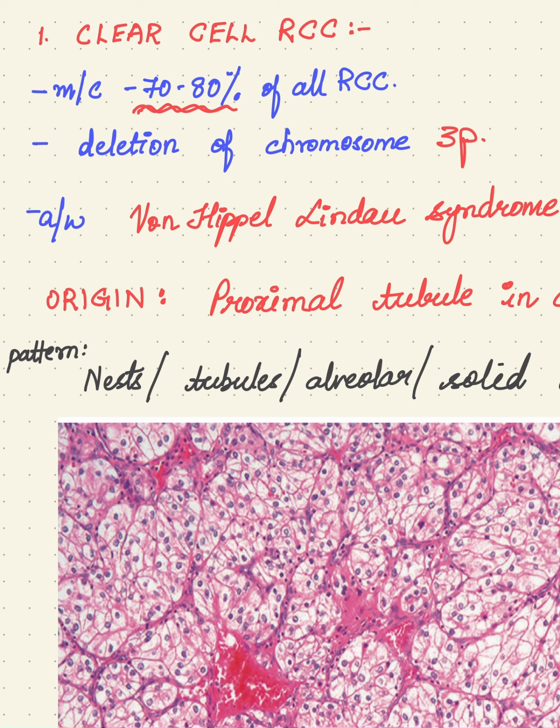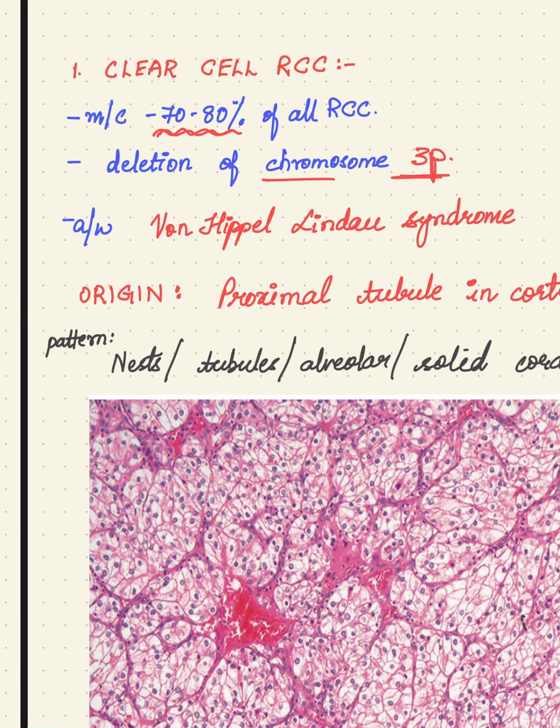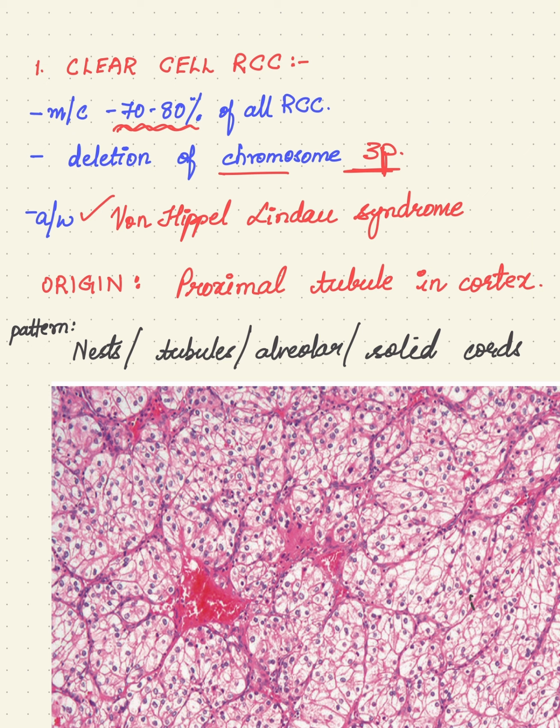The clear cell variant is associated with deletion of chromosome 3p. That is, p is the short arm. The short arm of chromosome 3p is deleted in the clear cell variant. Also, the majority of them are associated with von Hippel-Lindau syndrome, that is VHL syndrome, in which the VHL gene located on chromosome 3p is deleted.